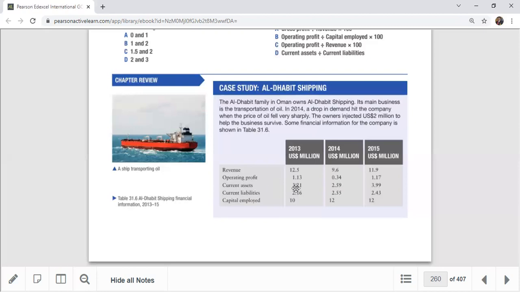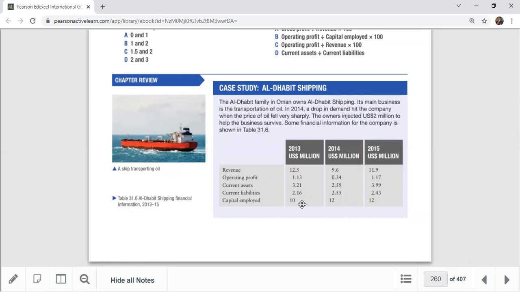You can see revenue in 2014 went down, and again there's a recovery to 11.9. Operating profit is also the same, 1.1 million and 0.3 million. 2014 was not a good year, so the figures went down, but there's a recovery again in 15. Current assets also the same, up, down, and up.